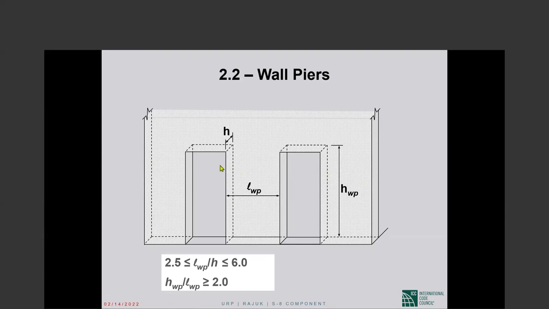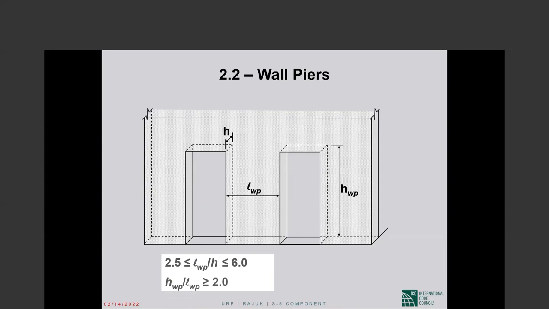Those elements failed in shear because the contractor and the engineer did not treat them as columns, so they do not have confinement. And many times, because these walls are thin, they would put only one layer of horizontal and vertical reinforcement. So there is absolutely no confinement, and the shear carrying capacity is very low.